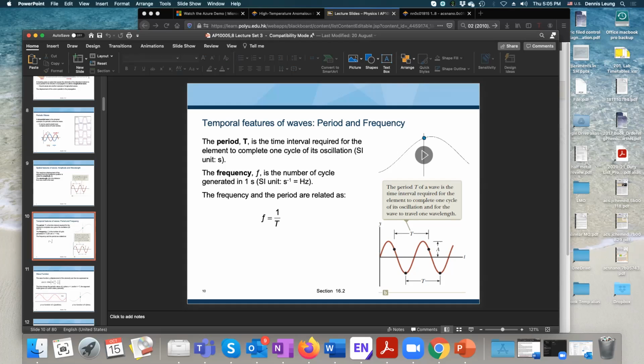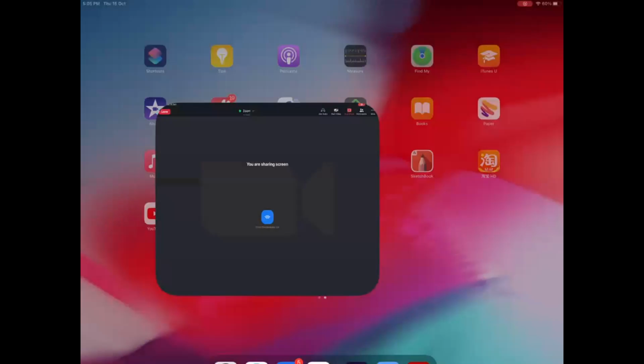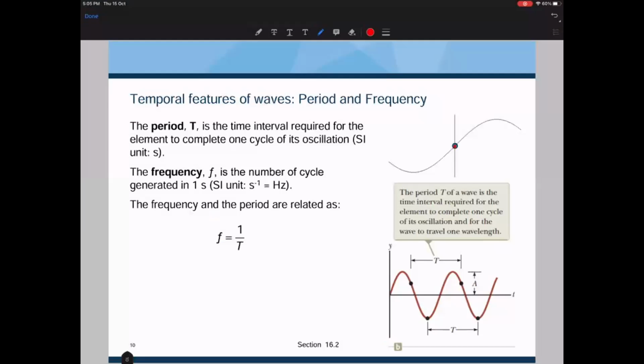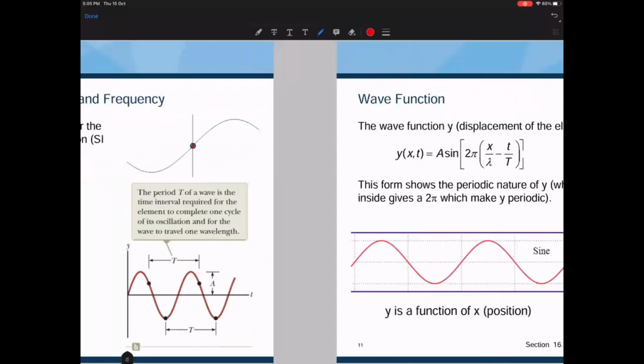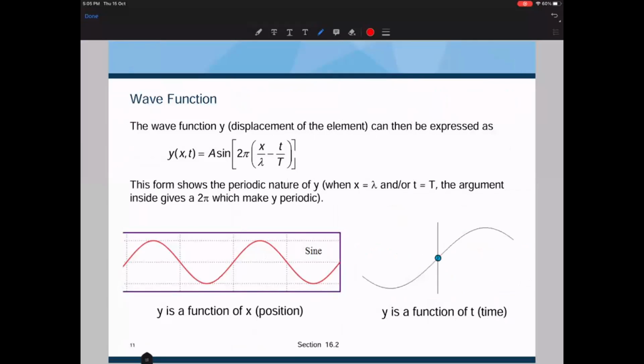Let me try to share it once again on the PowerPoint, on the PDF. Okay, now we could kind of know that any wave pattern could be represented by a sine or cosine function.